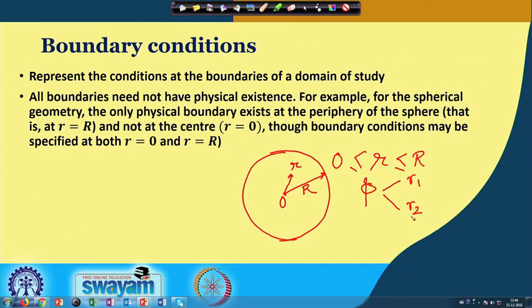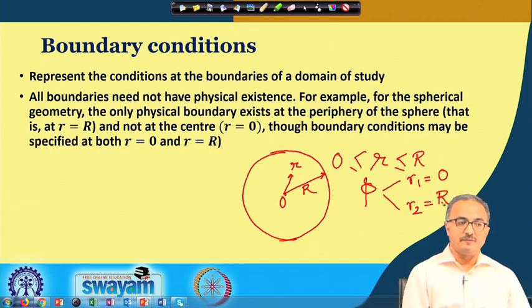I choose R1 because I have to solve within the whole spherical domain, so I will choose R1 equal to 0, and R2 I select as the periphery of the sphere. So I put R2 equal to R.